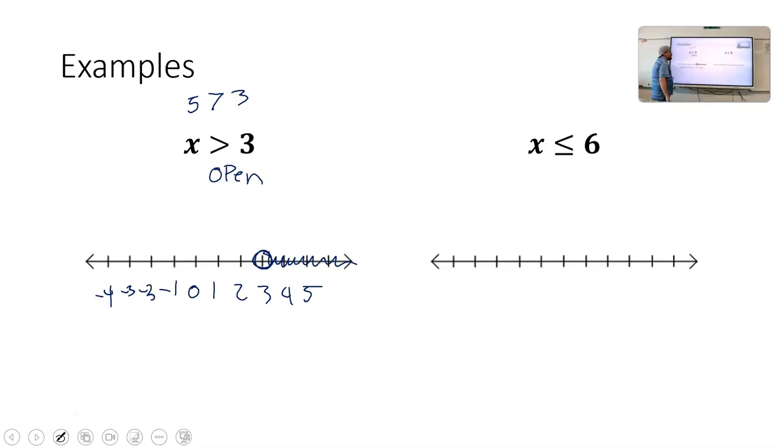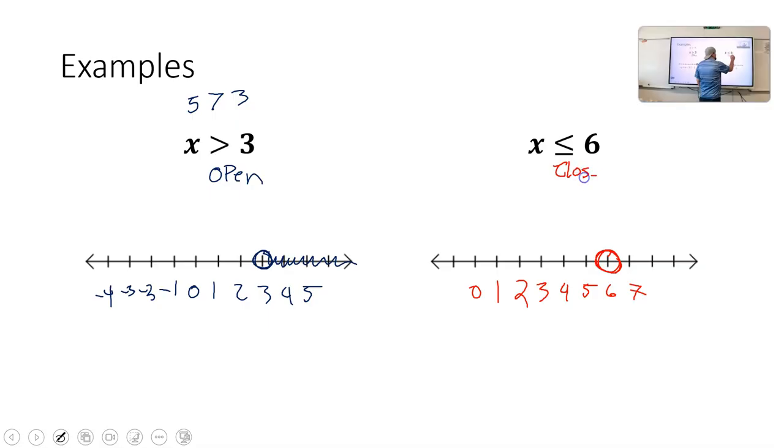Next, we have x is less than or equal to 6. Let's have our numbers written down. I'm just going to write 3, 4, 5, 6, 7, 2, 1, 0. Our boundary number is 6, so we're going to put a circle on the line for 6. Is it open or is it closed? Well, we have a less than or equal to.